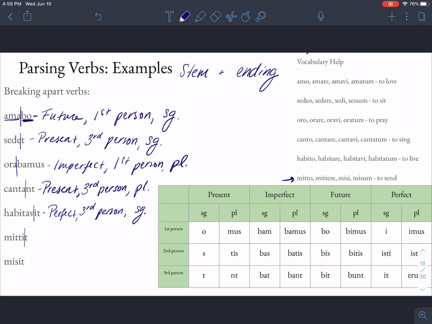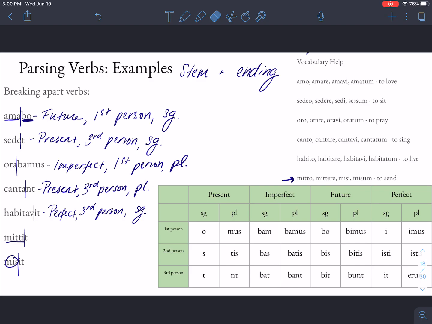Let's see if you can see the difference. For mittet, the ending is t, whereas for misit, the ending is it. The stems are different too. The stems come from two different principal parts. For mittet, the stem comes from mitto, mittere, and misit comes from misi.